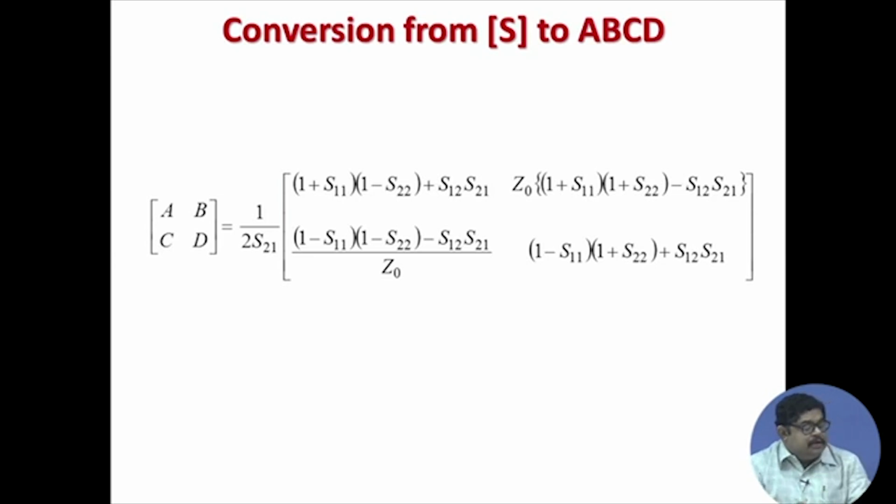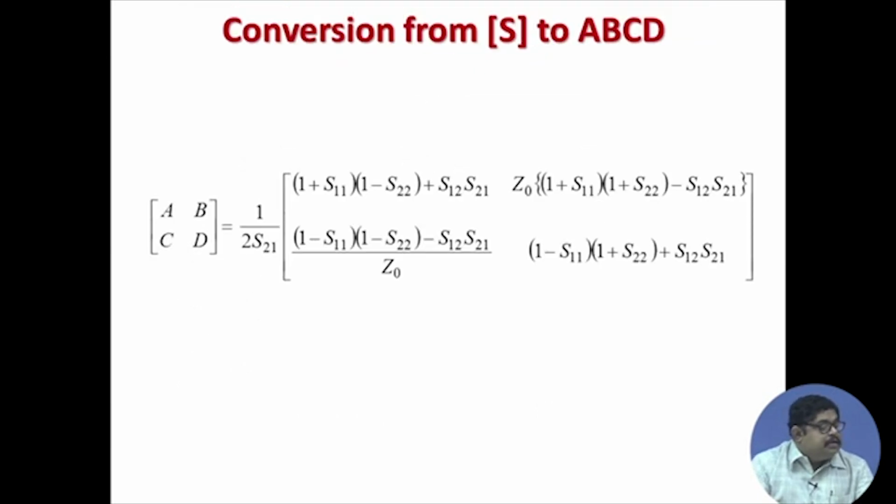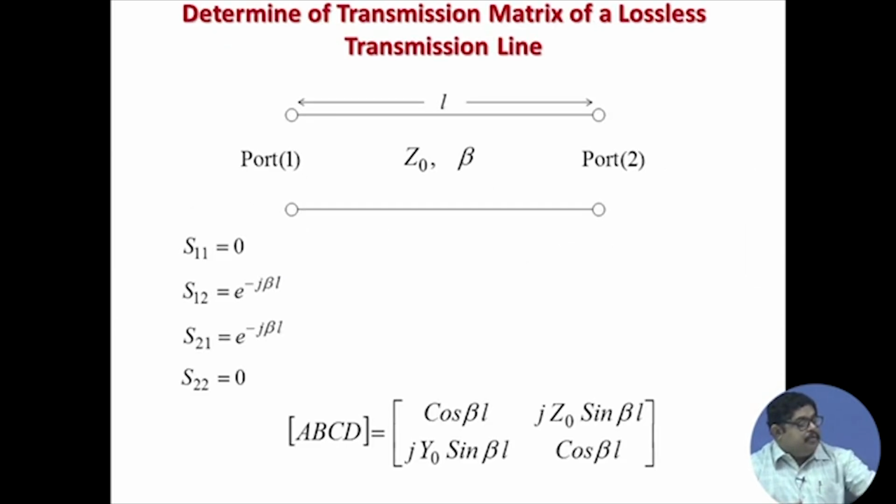If you apply these formulas, you will have to note, these are available, so you can always refer to them in your professional life. Then you get back the same ABCD parameter that we got. So, now you know the interconnection between the ABCD parameter and transmission parameter.